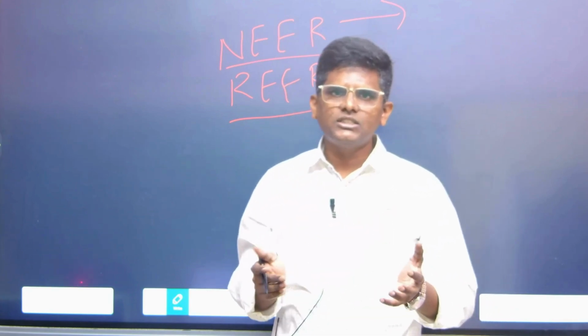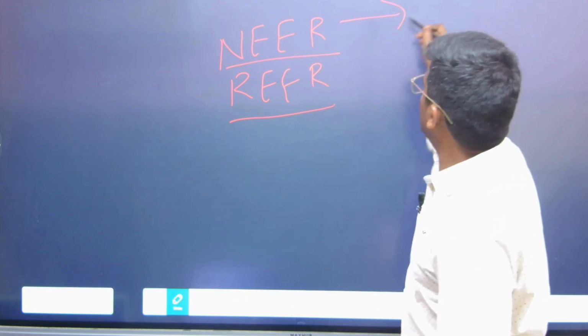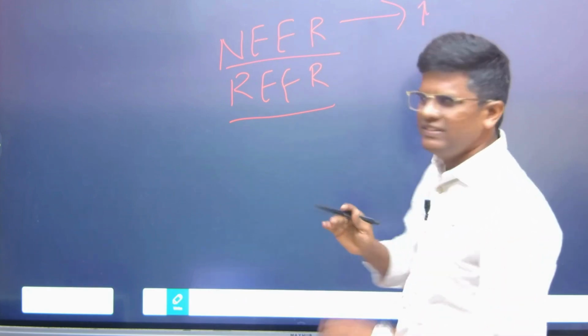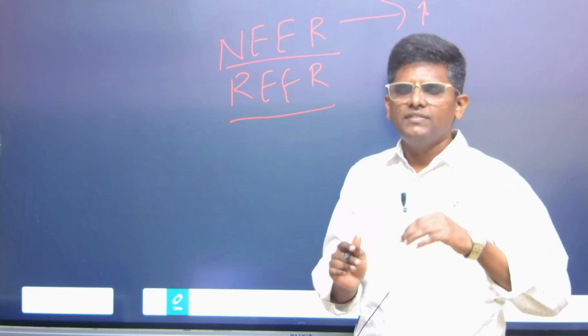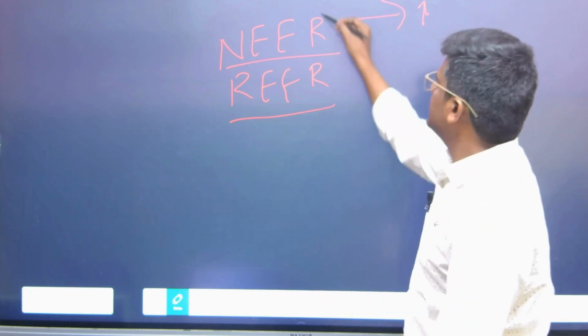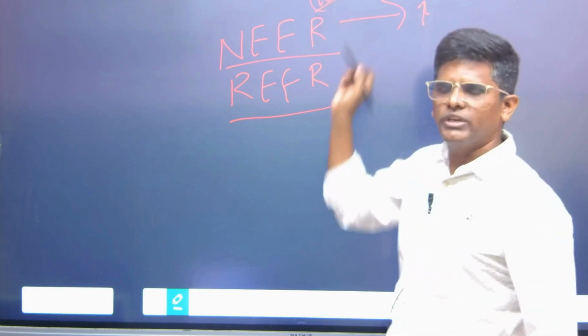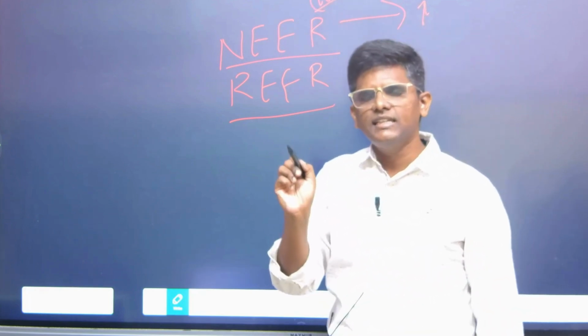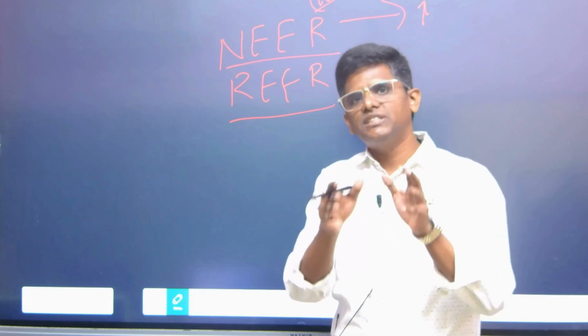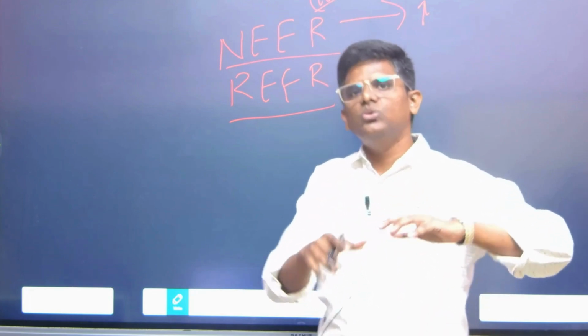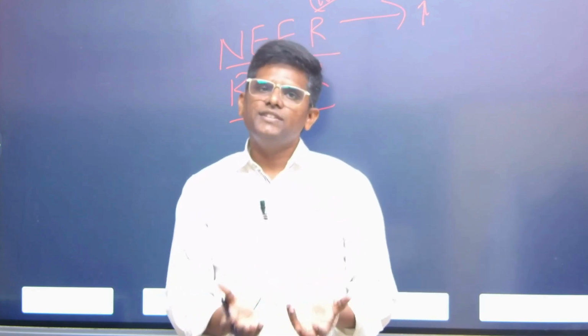So what does it show? Basically we will see the change of NEER. We will take a base year and set NEER as 100, and we keep seeing how it is moving. If NEER is increasing, that means there is an appreciation in the currency compared to the basket of currencies we are comparing.